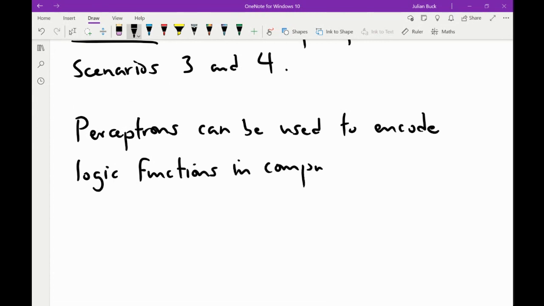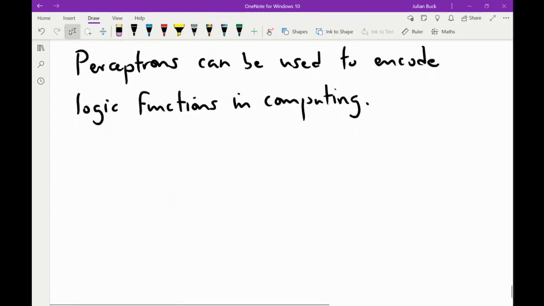This is actually a nice example of what they can do. It's not a contrived toy example like the previous one, although it's not complicated. But as we'll see, the idea that you can use these to encode logic for computing is a nice general application, and we'll see later it has some consequences and leads to some natural questions.